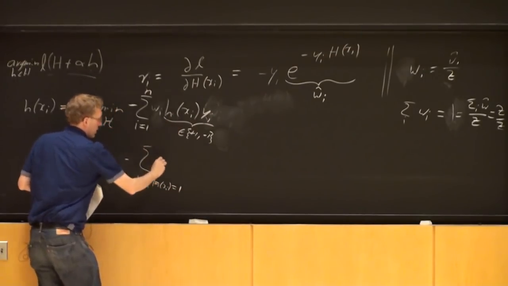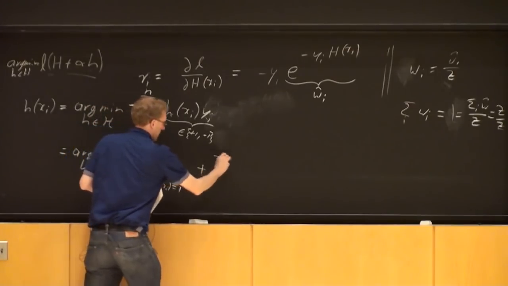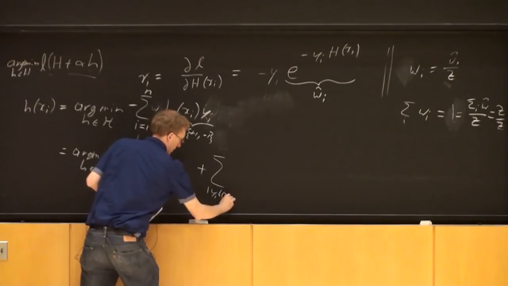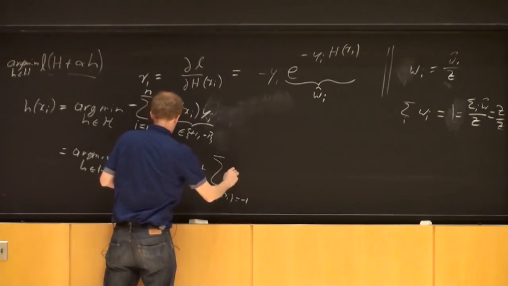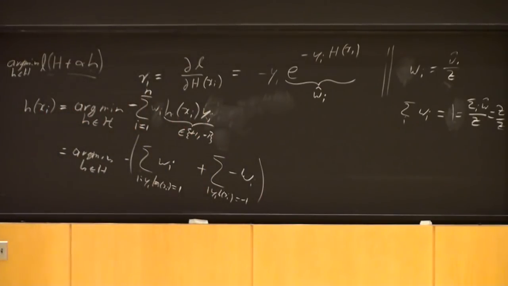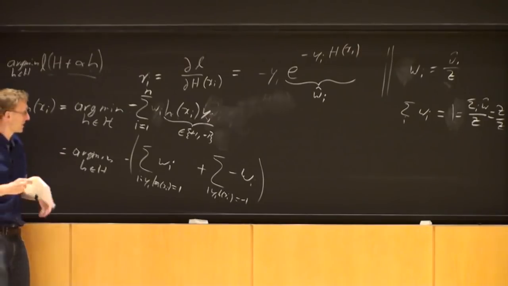And this is always 1, so this is just wi. Plus, now we sum over all the points where it's negative. It's -1, so this is just minus wi. Raise your hand if that statement made sense. Okay, awesome. We're getting there.